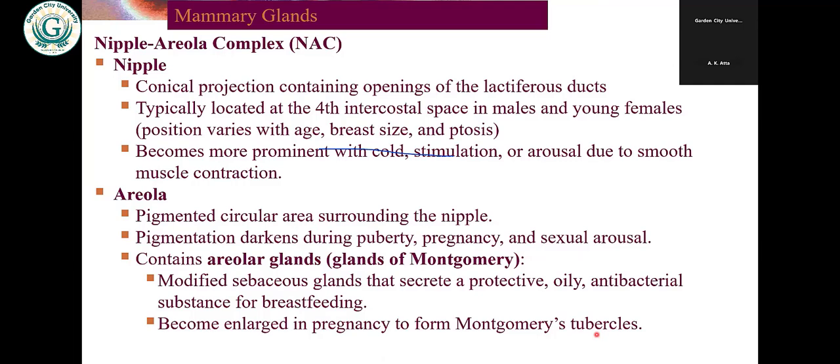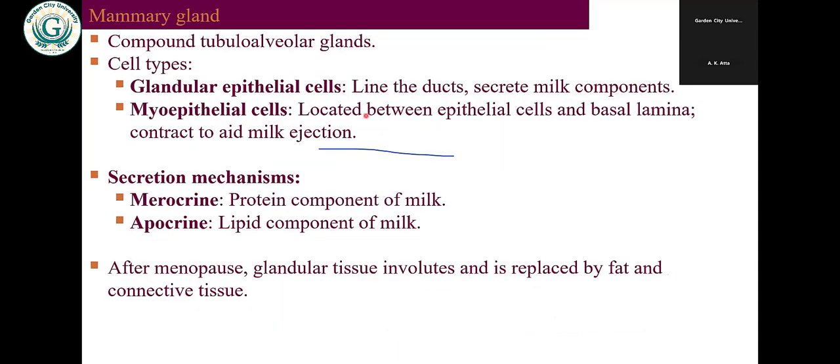Now, the nipple is located at the fourth intercostal space in males and in young females. But of course, the position will vary. Some women, their nipple is somewhere even in their thigh. So anatomically, the nipple is at the fourth intercostal space.